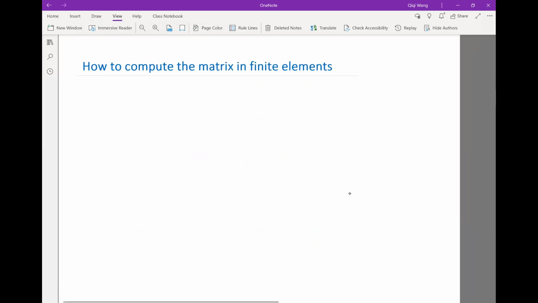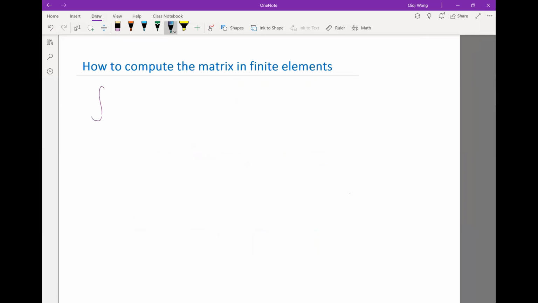Every matrix element involves an integral from 0 to 1 of the derivative of one basis function times the derivative of another basis function. So that is my Aij. The question is, how do we compute that?